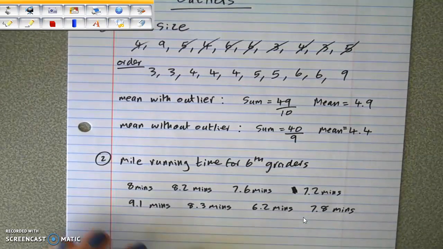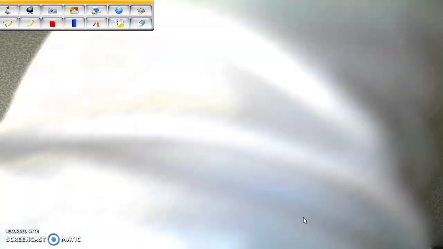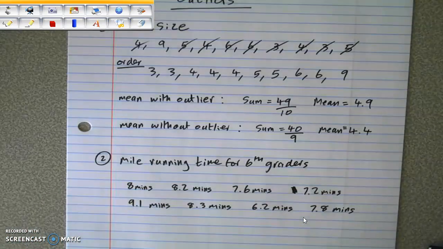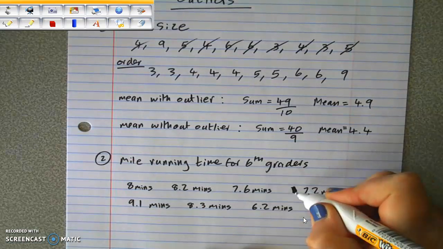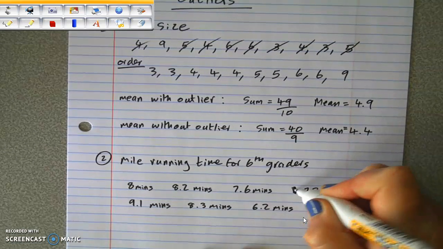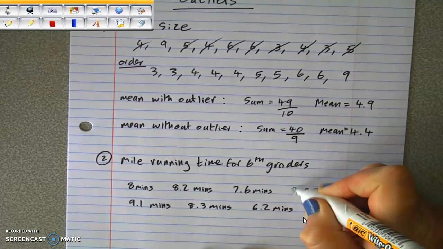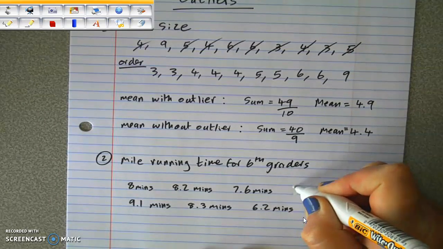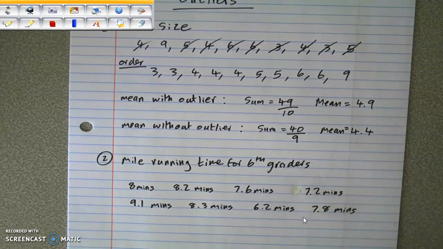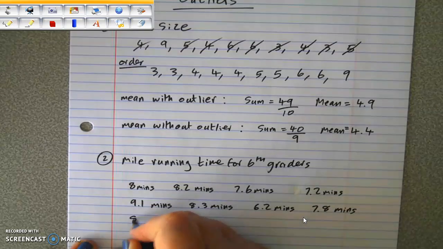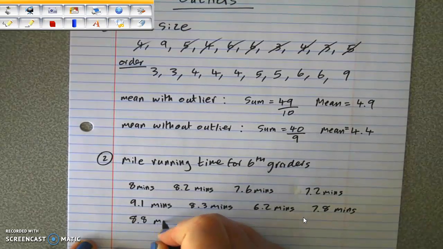Okay, so I want you to look at all those times, and I want you to see if you can see the outlier. The outlier is the one that doesn't really belong, that is far away from all the others. Maybe I should put one more. Let's put one more in here, just 8.8 minutes.